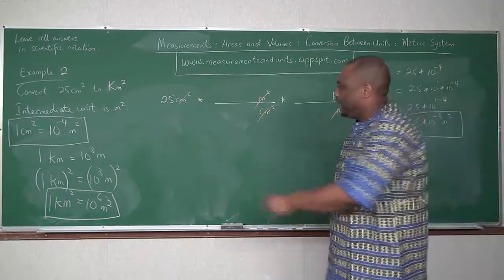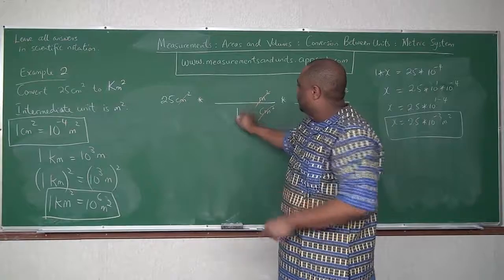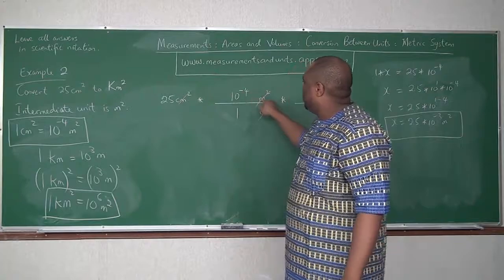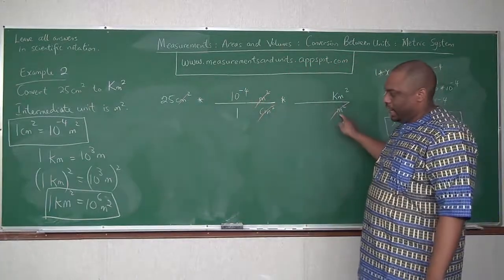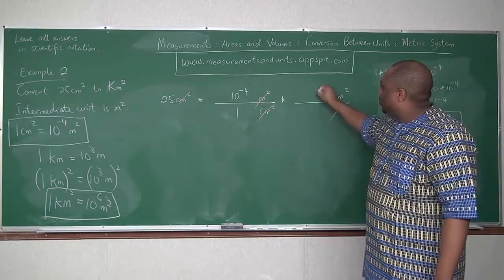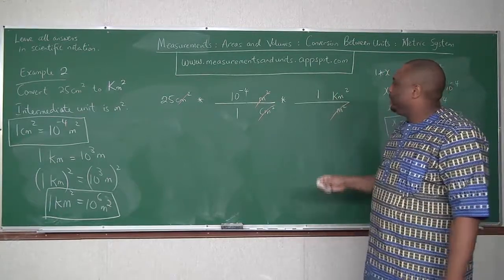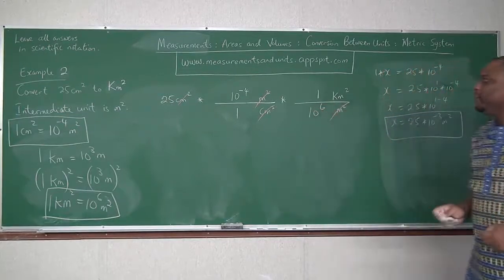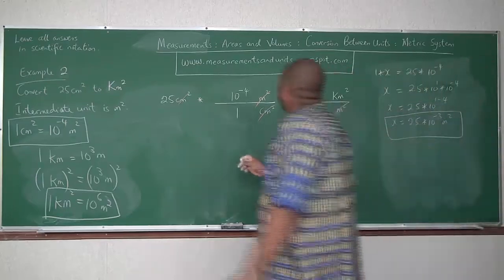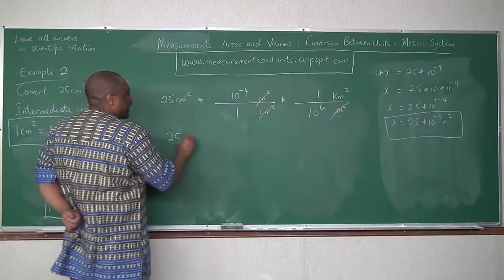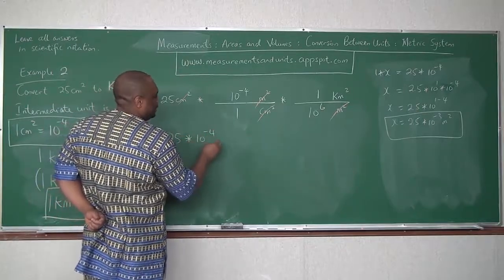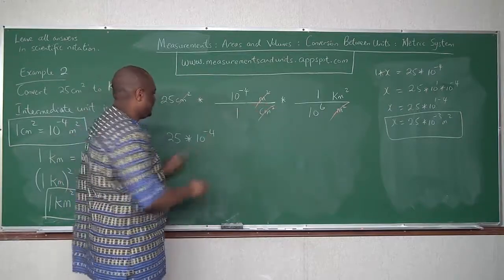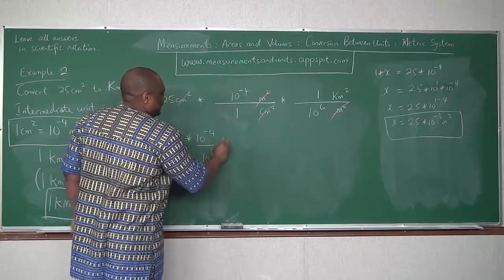Okay. So here the one we are going to put is 1 centimeter squared is 10 to the power negative 4 meters squared. And here we put 1 kilometer squared is equal to 10 to the power 6 meters squared. And we are good to go. So this will now be 25 times 10 to negative 4, and because this is divided by 10 to the 6, we get kilometers squared.